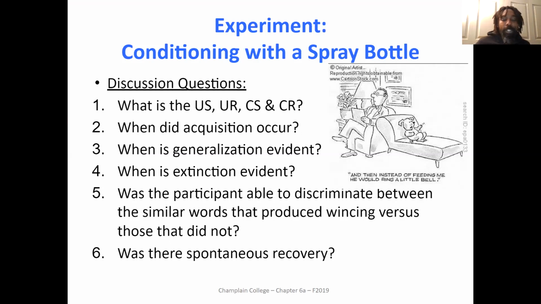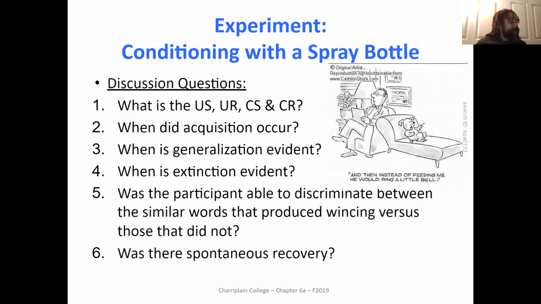So experiment conditioning with a spray bottle is usually you can condition with a spray bottle, so that the spray bottle in and of itself could have started off as a neutral stimulus, but then can become a conditioned stimulus based on how you pair it. So you can think about using the spray bottle, and you'll use the example of, let's say, a dog.